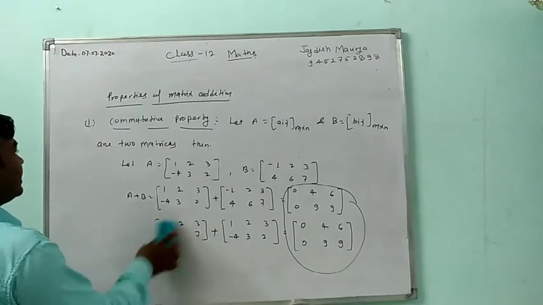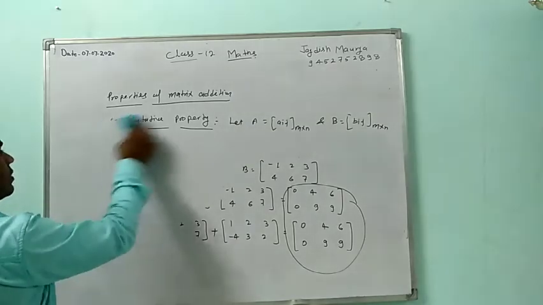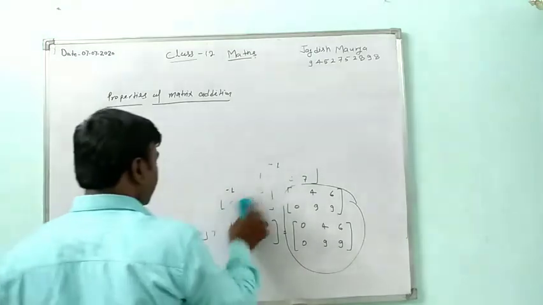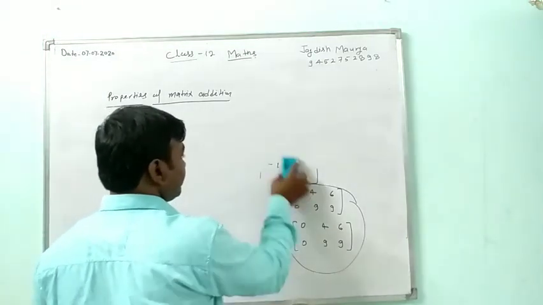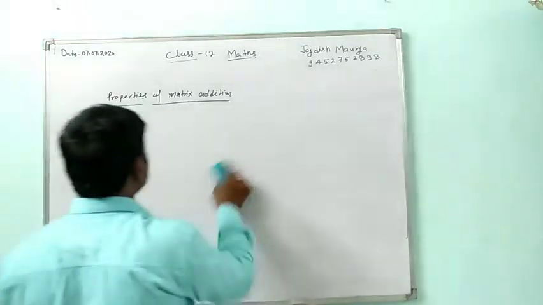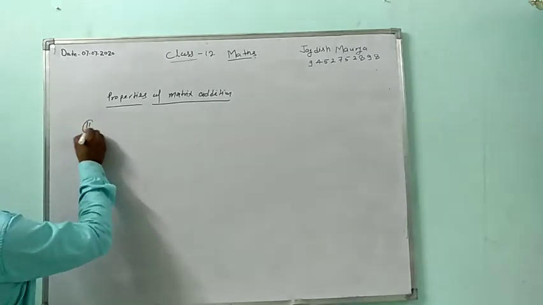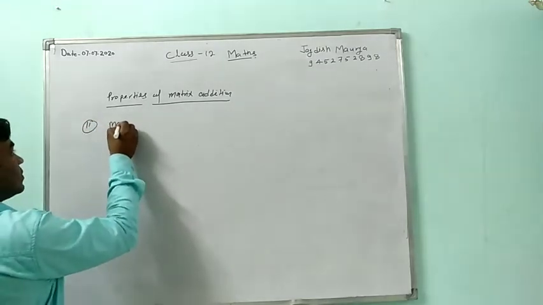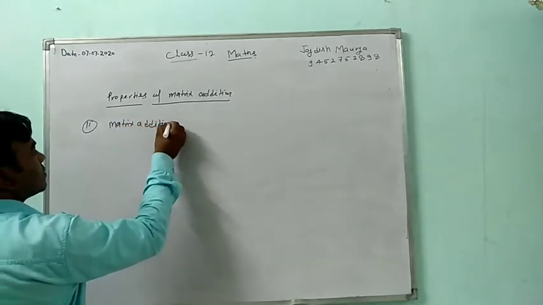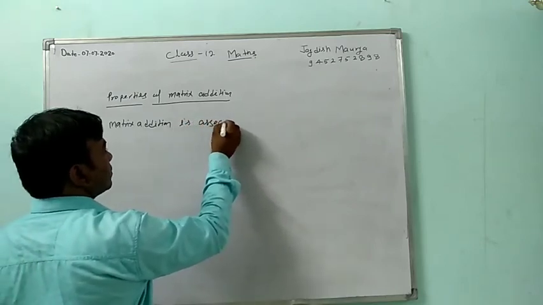Now, second property, matrix addition is associative. Matrix addition is associative.